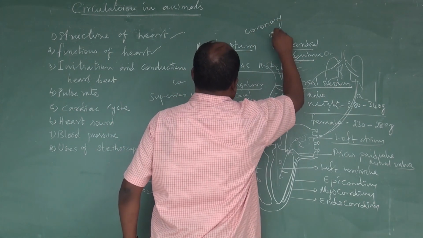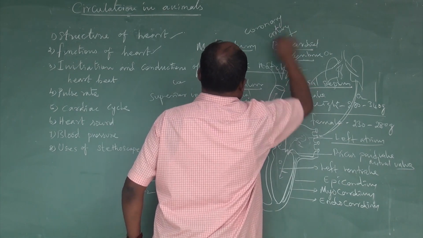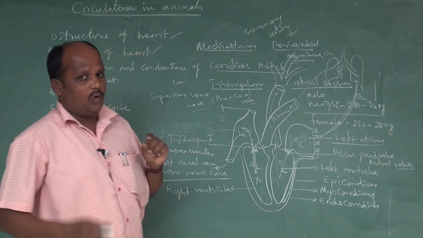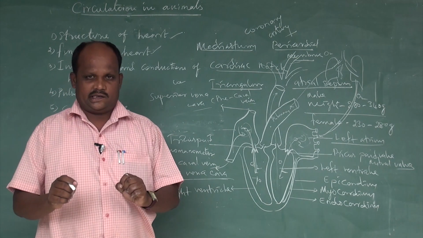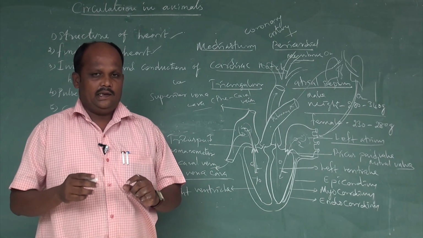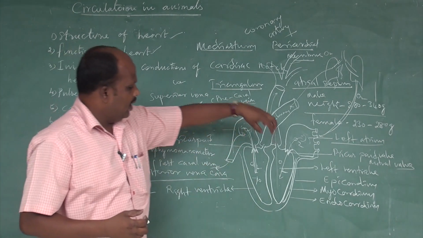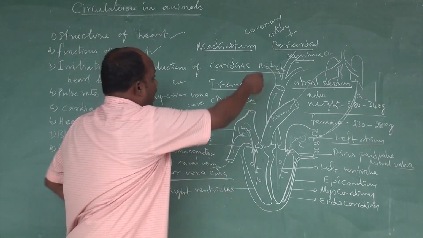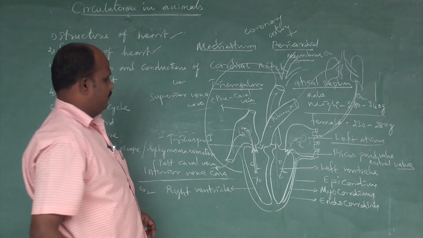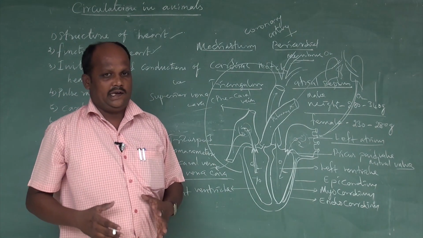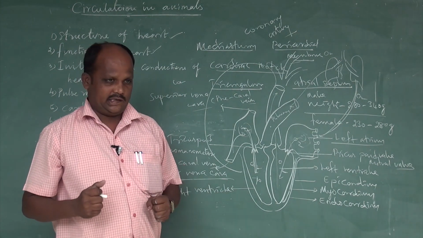What is called the coronary artery? The coronary artery is a very important blood vessel. It receives blood from the heart chamber and again enters into the heart structure, which means the heart muscles. The human heart muscle is made up of cardiac muscles.